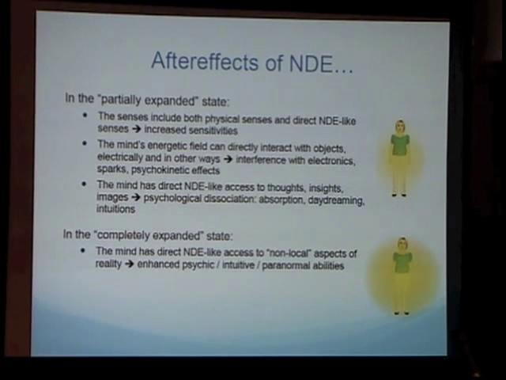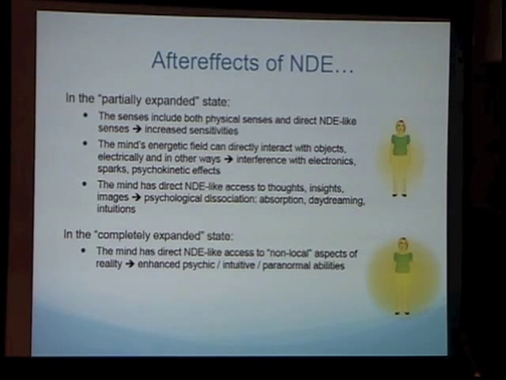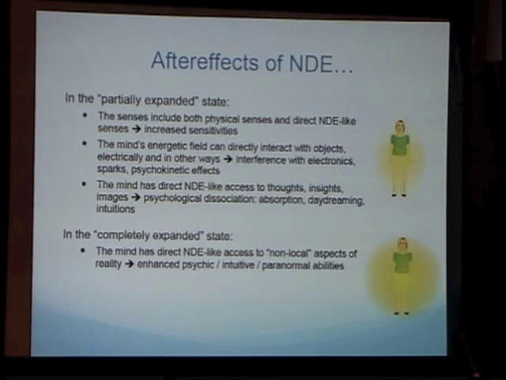All right, in the partially expanded state, how would this work? Well, the sense is if you're expanded out some or a lot, then your physical senses you're getting that still, but you're also getting direct NDE-like senses. You're seeing something, but you're seeing it here, and you're seeing it out here as you would be in the NDE.